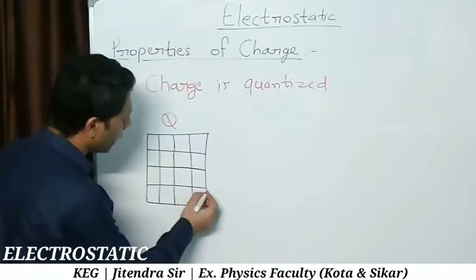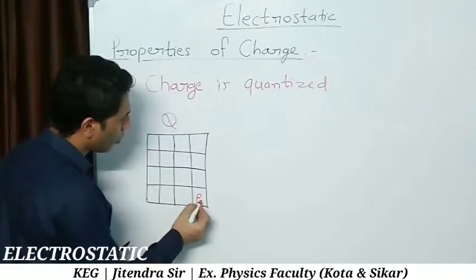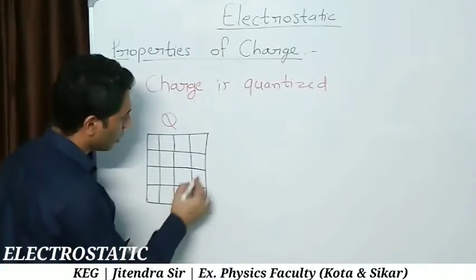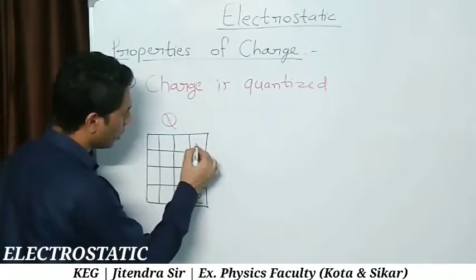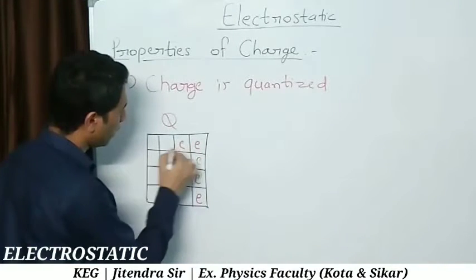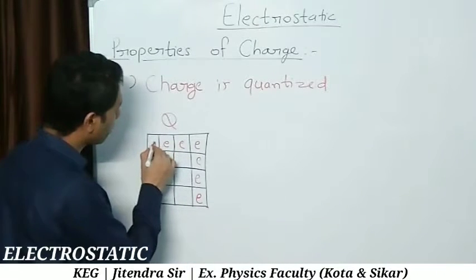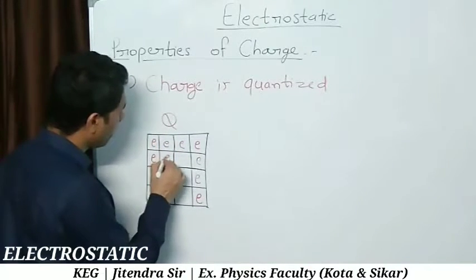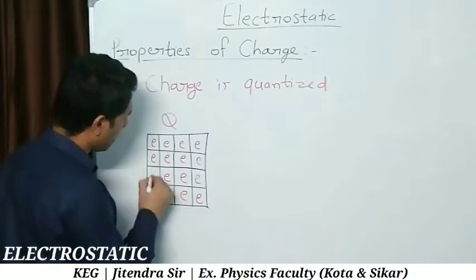So we can see here, this is one block, and in this block the total charge is unit charge. Here is E, here is E, here is E, and in all the blocks there will be E.